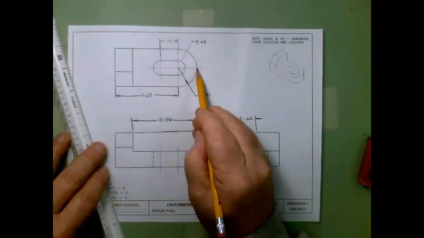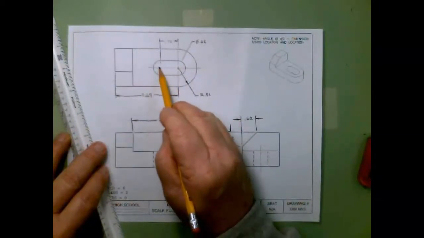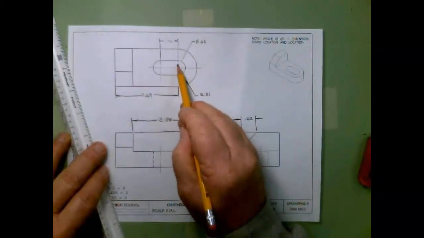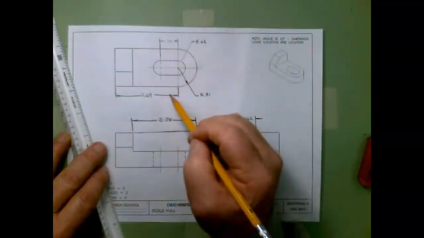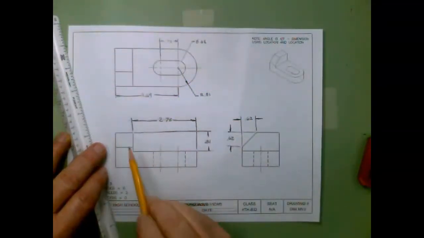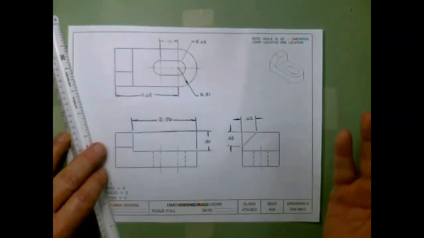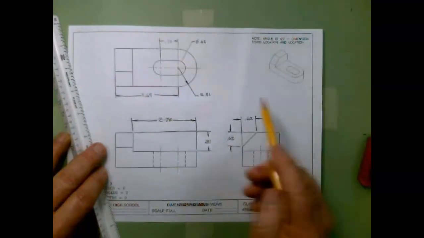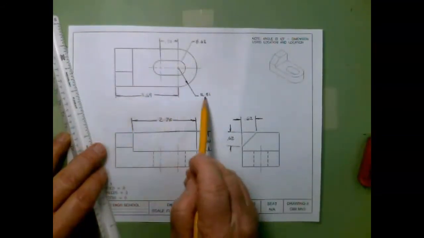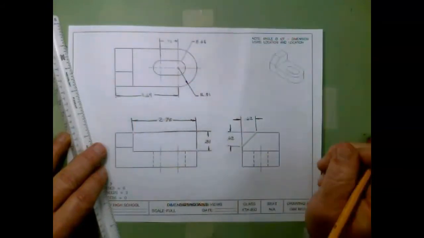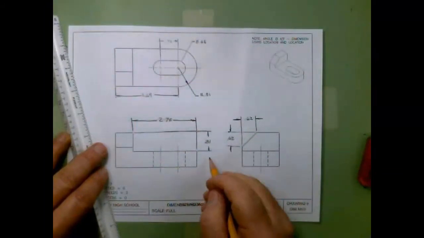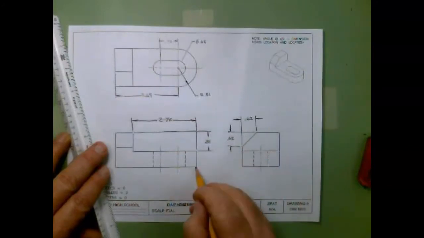So look, I'm located from here to here, and I'm located from there to there. The diameter tells me how wide it is here. That's all I need for that. These two is all I need for that. That does it. All I need is height, width, and depth of the object, right? Well, look, I've already got width, them two added together. I've got depth, double that number. All I need is height. I can put it on either view. Doesn't matter.